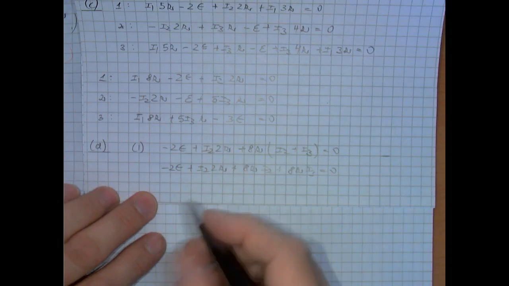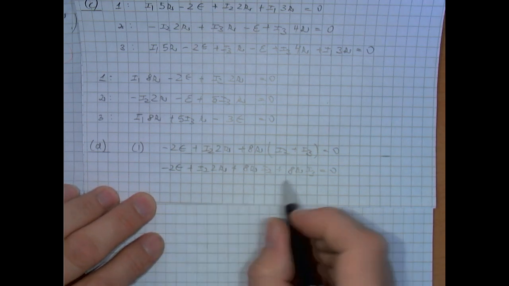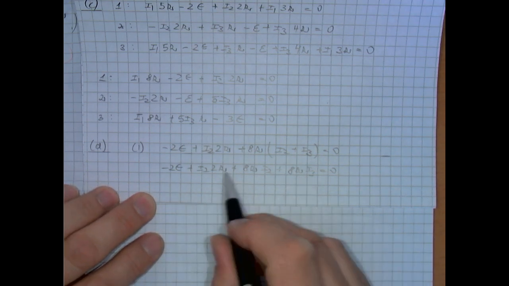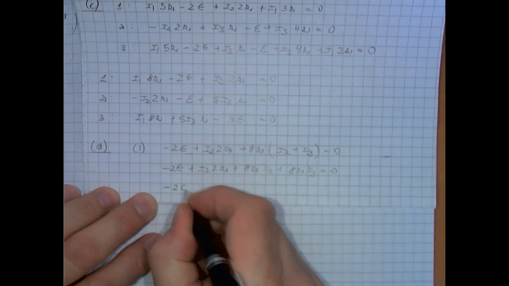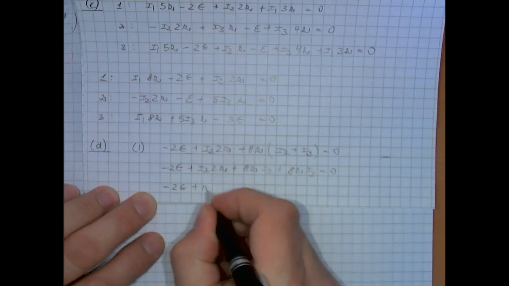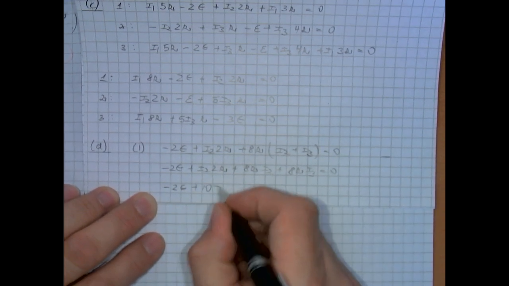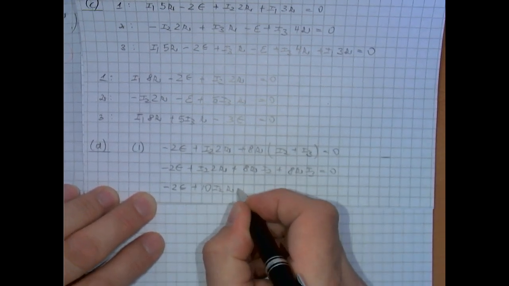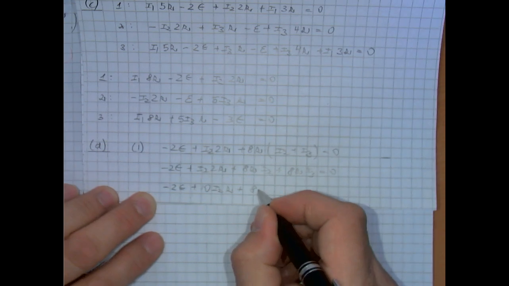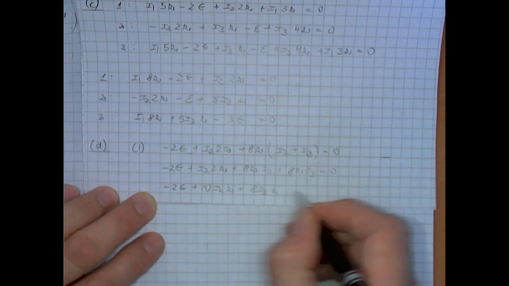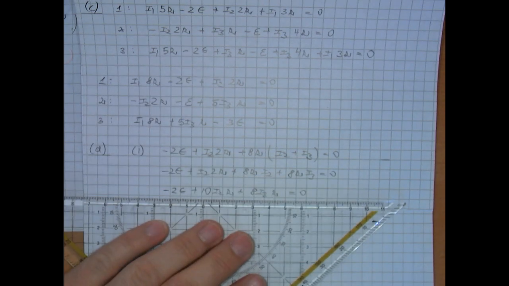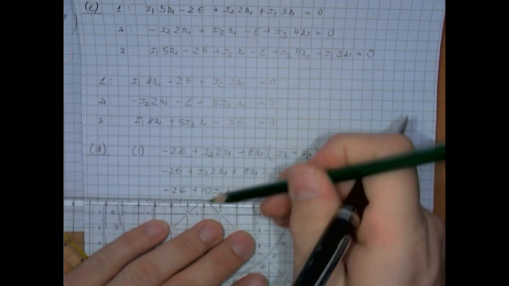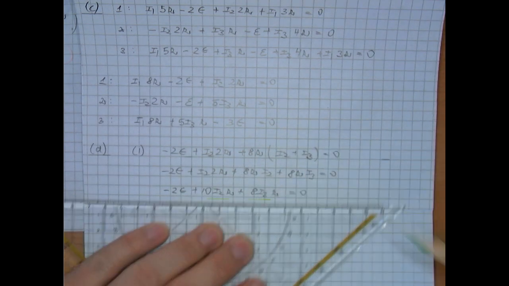Now I can simplify this a little bit further, combining the I2 terms, and finally I get minus 2 epsilon plus 10 I2r plus 8 I3r equals 0. And now you see here we have the two unknowns, I2 and I3.